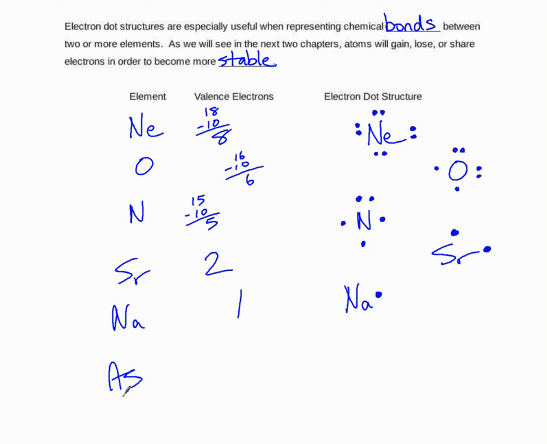Here's another one, and this is arsenic. We find it in group 15, which means it has 5 valence electrons. Here is my nucleus and all of the inner electrons, and here are my 5 in the outer layer.